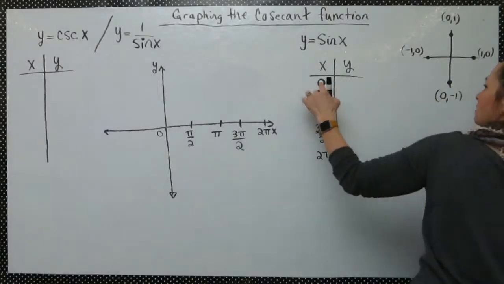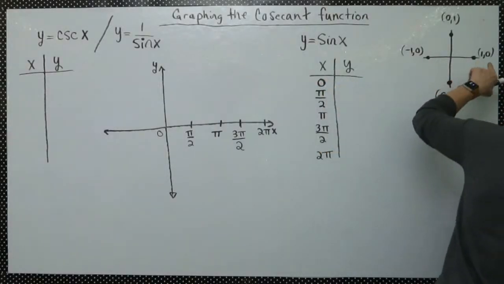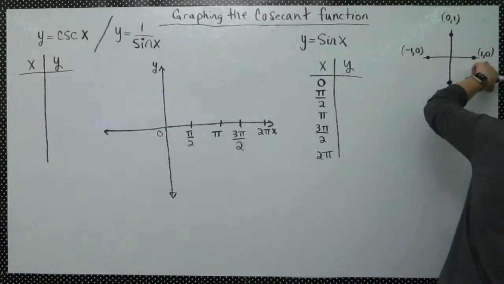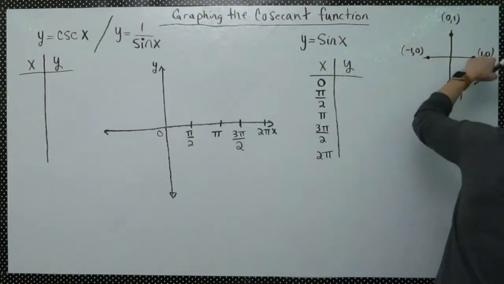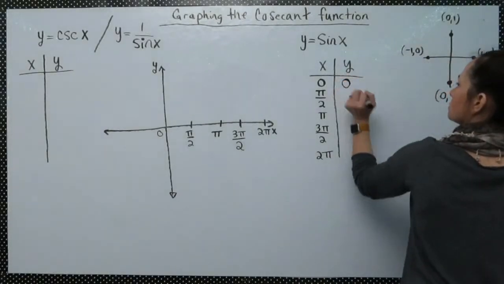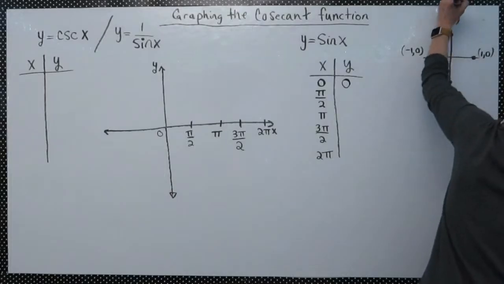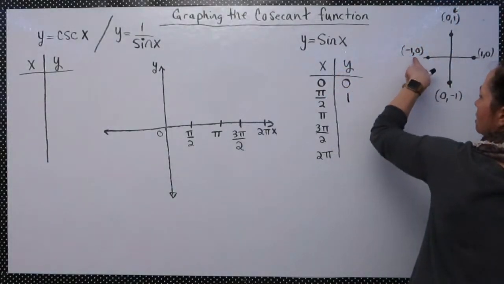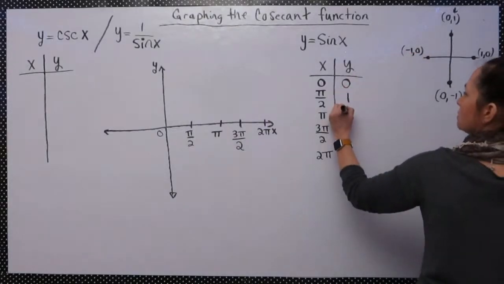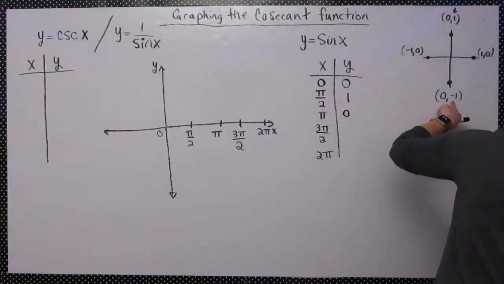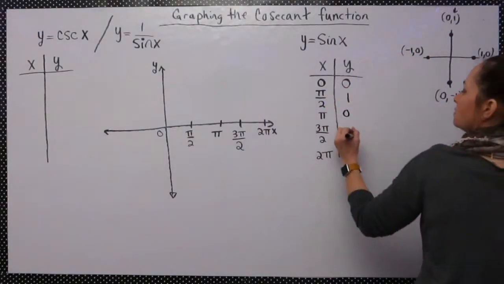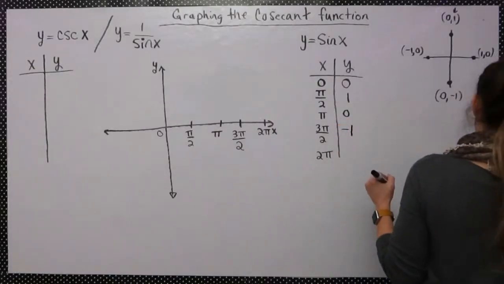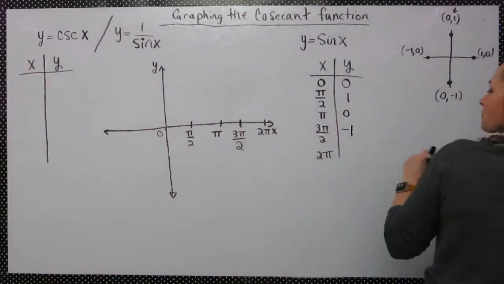And so visually checking the sine of 0 degrees here is 0. And at pi over 2, we're at 1. Pi, we're at 0 again. 3 pi over 2, we're at negative 1. And 2 pi, we're back to 0.